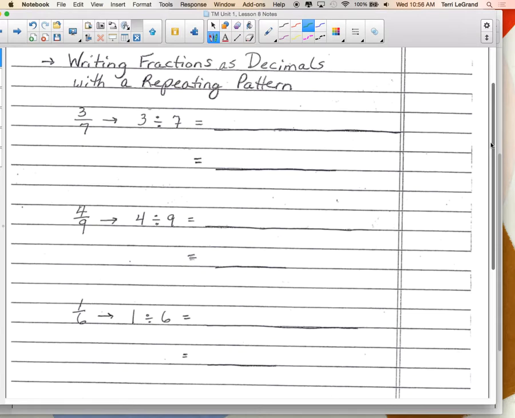I'll put what mine shows, you put what yours shows. This is where you want to make sure you're being really careful writing down exactly what your calculator is giving, okay?